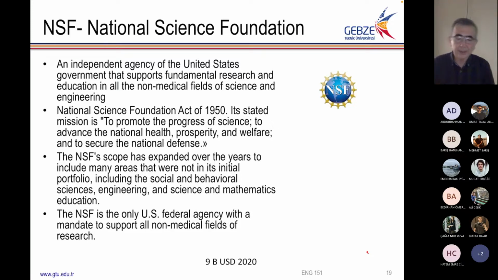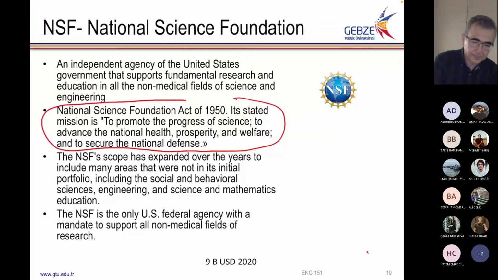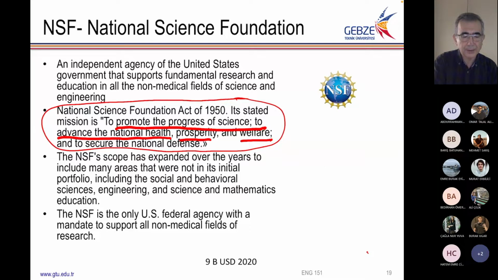so in the original idea of the National Science Foundation, to promote progress of science, to advance national health, prosperity, and welfare, and to secure national defense. So defense, welfare, prosperity, and health are dependent on science.